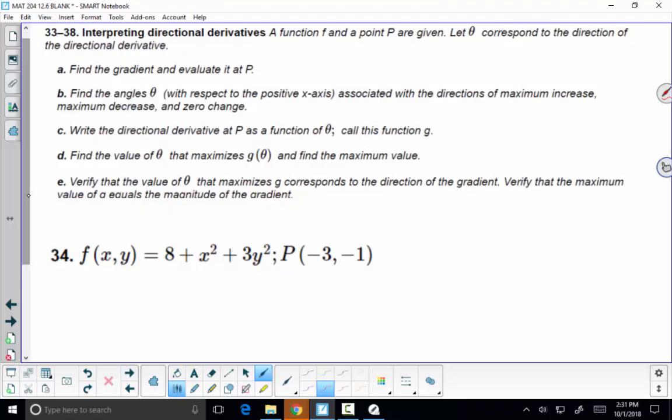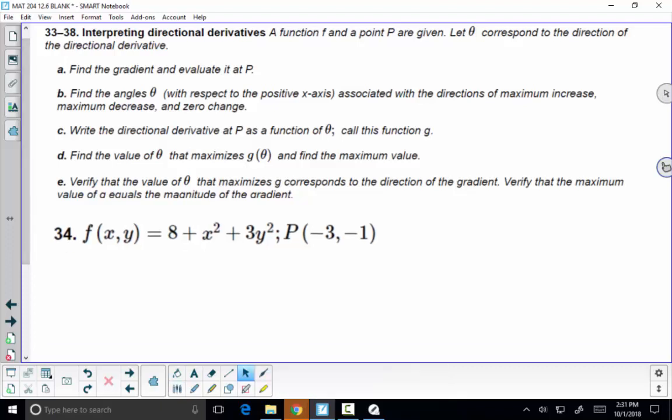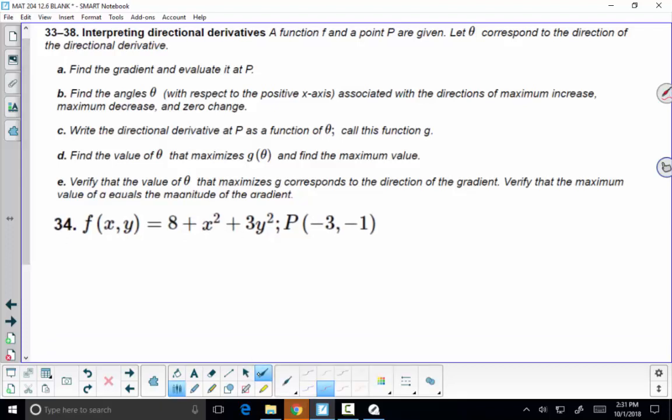Okay, so here we're just talking about more directional derivative stuff. It says find the gradient of this function. Let's do that. That's not too hard. We now know how to find gradients. So del f will be super easy when there's no mixed terms. So that's our gradient function, a vector valued function.